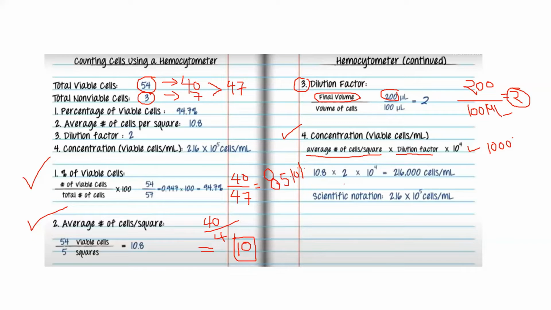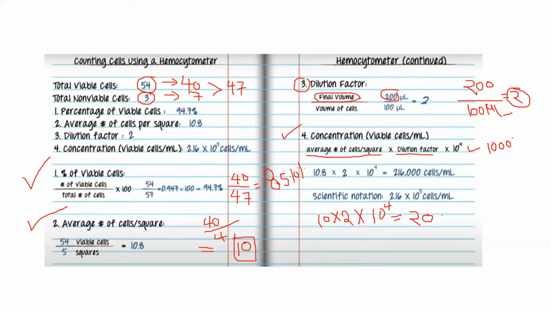Now, for example, here, the average number of cells per square, so here we will put 10, right? Your dilution factor 2, divided by 10 to the power 4. What is the calculation? Tell me. 200,000.